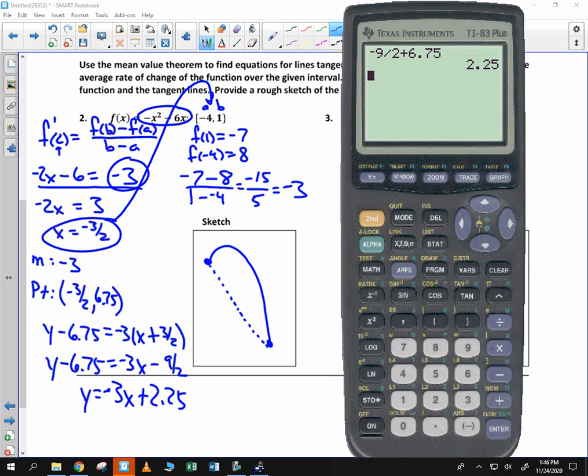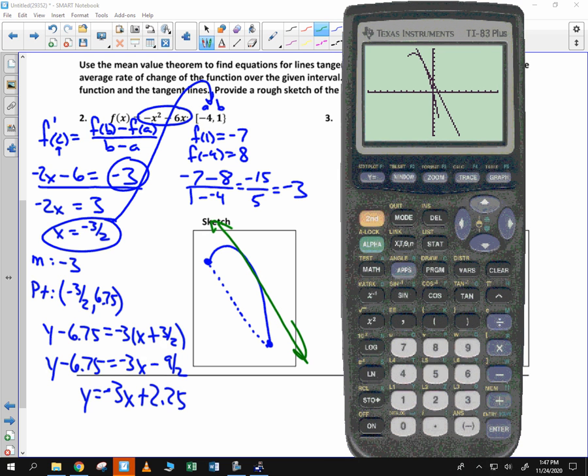So I'm gonna graph that line, -3x plus 2.25. And look, the graph that I get, that line has the same slope and is tangent to the original function. That's what we've just shown.